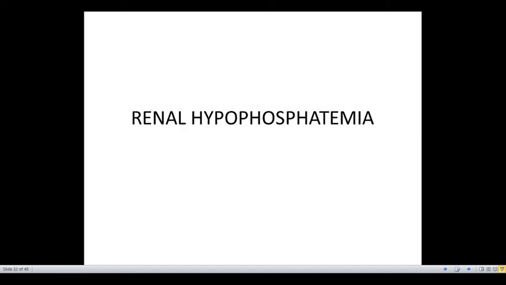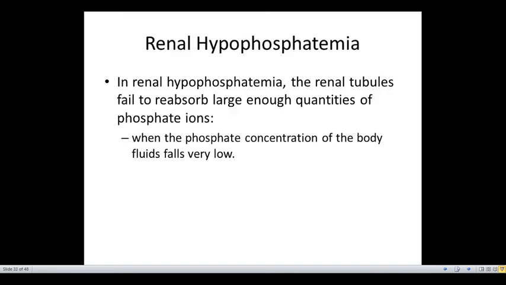Renal hypophosphatemia. In renal hypophosphatemia, the renal tubules fail to reabsorb large quantities of phosphate ions when the phosphate concentration of the body fluids falls very low.